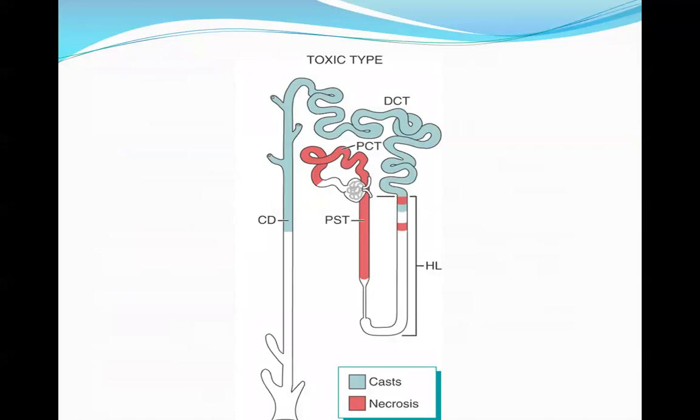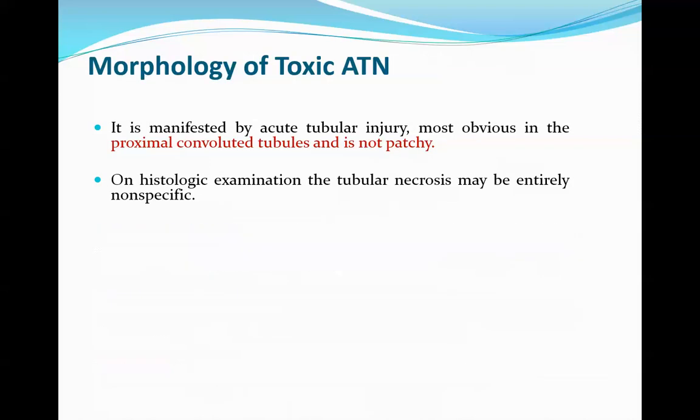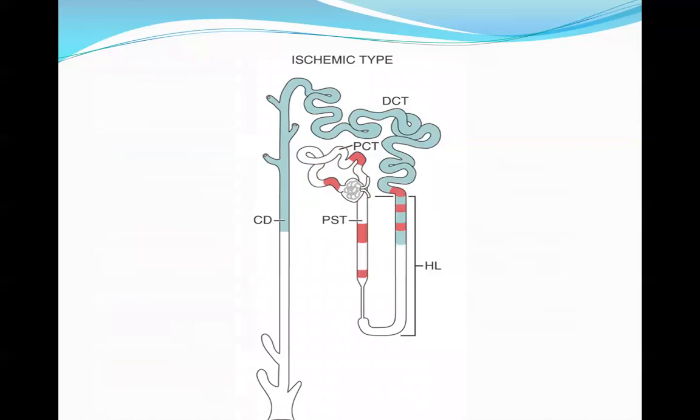Now, as we know that it's a continuous type of injury, so this is a continuous one. There is no patchy injury as you see in this one. So in the ischemic type, if suppose I show you this picture in your exam, and I ask you which type of injury is this? The answer will be ischemic injury because it is intermittent.